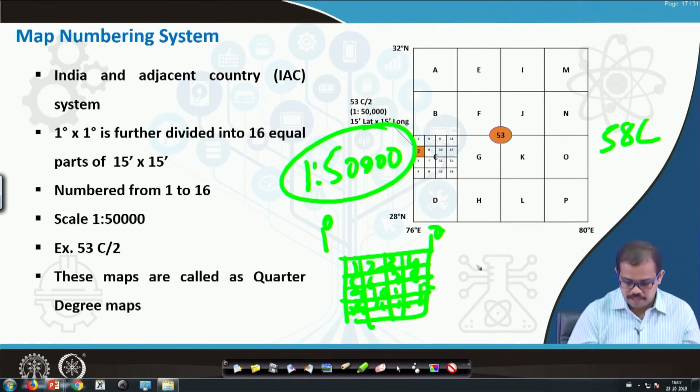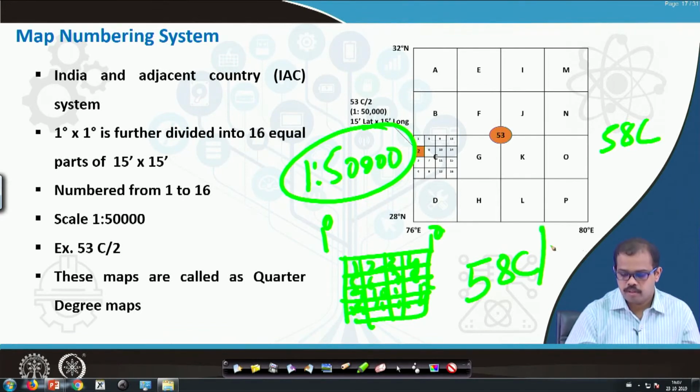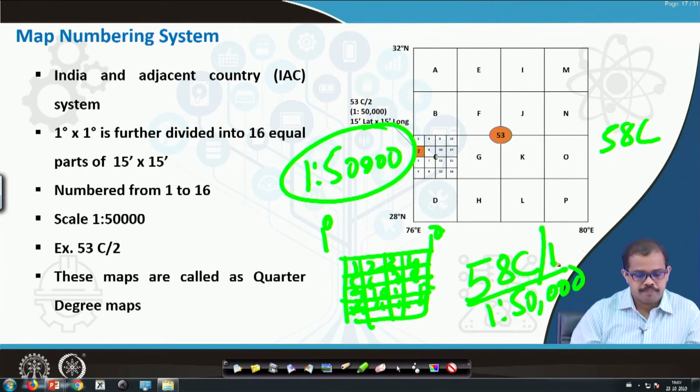If someone represents 58C/1, this means to say this is a 1:50,000 scale map. Okay. So it is also called a quarter degree map. It is extremely useful when you are using it on a city scale. It is called a quarter degree map.